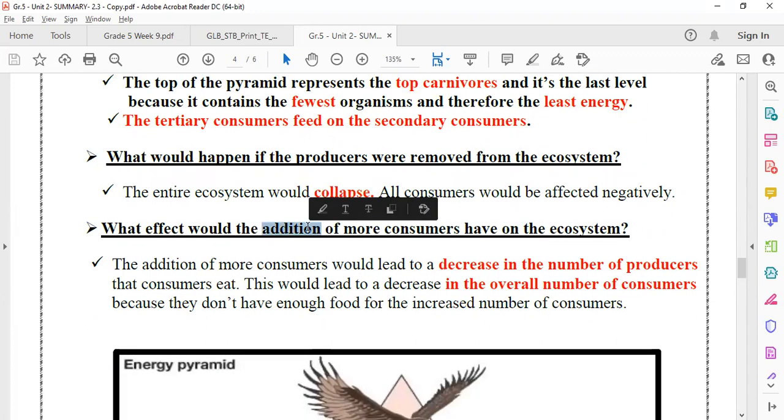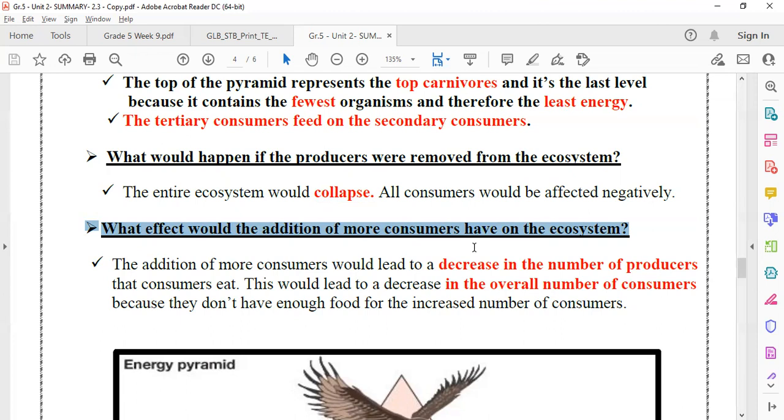Then another question: what effect would the addition of more consumers have on the ecosystem? In other words, this question asks, what if you added more consumers to the ecosystem? What will happen to the ecosystem?